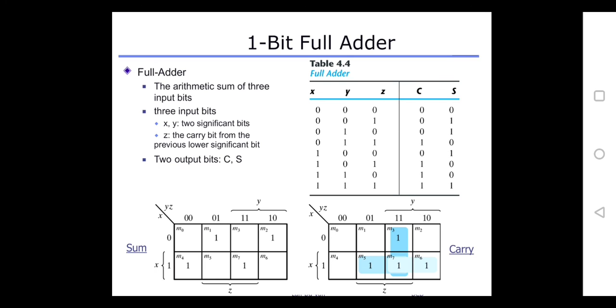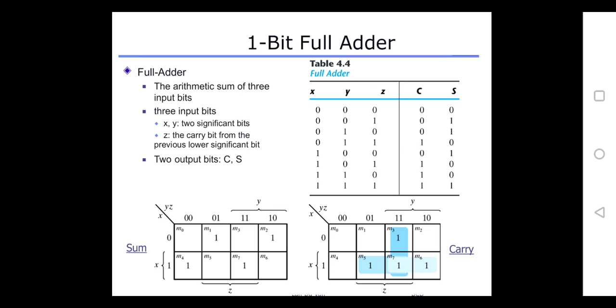Coming to the next one, designing of a full adder. In case of a full adder, instead of two inputs, it uses three inputs: x, y and z. Whatever the number of inputs, whenever we perform an addition operation, the output contains only two: one is sum and the other one is carry.